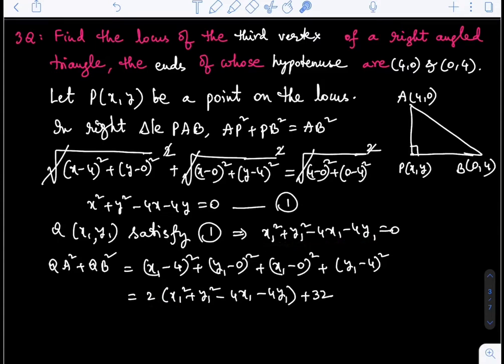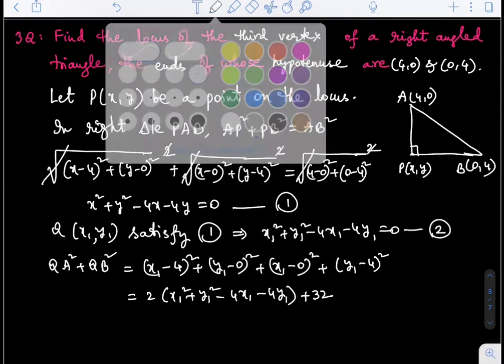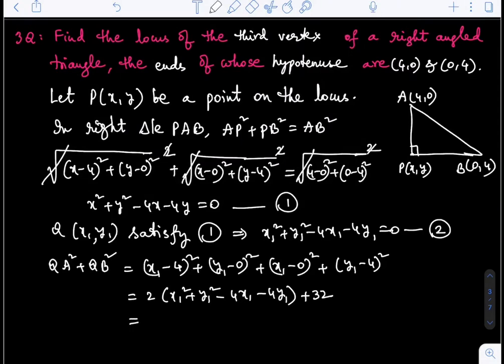Because what are you observing here? Let us put equation 2 here. What are you observing in equation 2? It will become 0. So 32 remains here. How? From 2. So whereas look here, what is 2? This is 2. So this is observed here. It will become 0 in it. So 2 into 0 means 0. 32 remains.